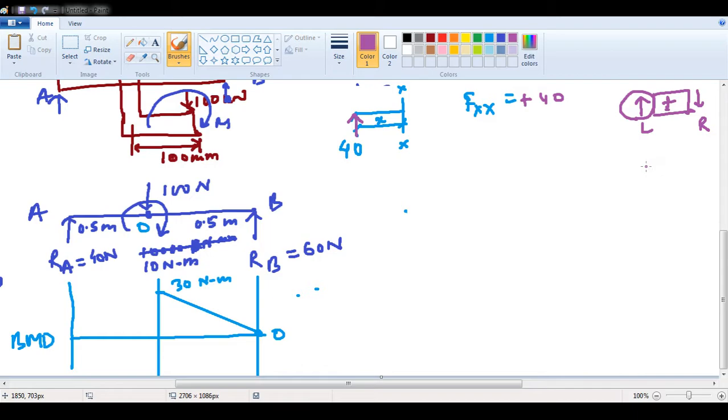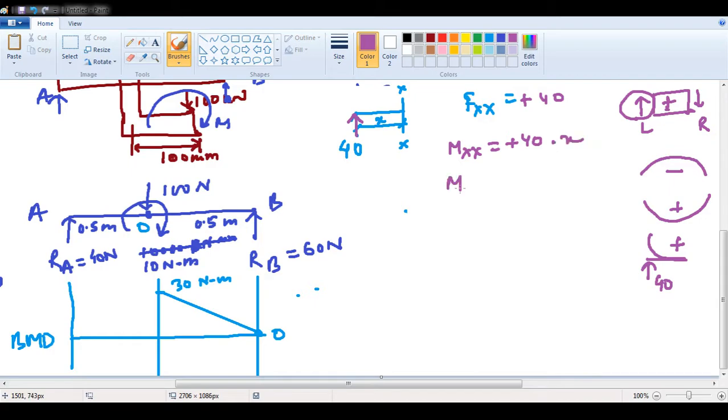Then again for the beam, if it is sagging, it will be negative. If it is hogging, it will be positive. So here when we give a force, this is the beam. When you give a force 40, what happens? This beam turns to this. So this is positive. Therefore moment about xx is equal to plus 40 into x.